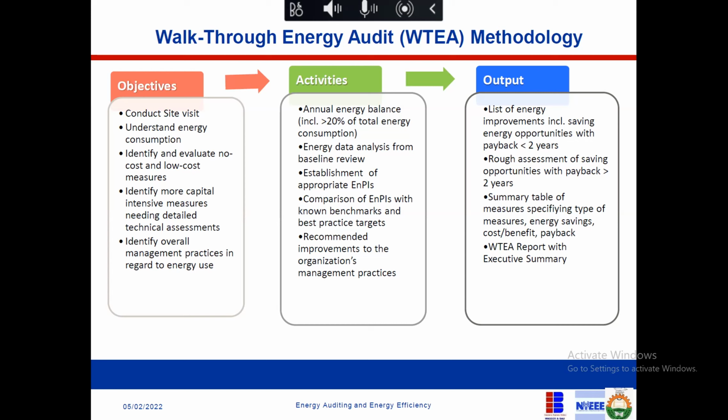You identify more capital measures needing detailed technical assessments. That's what I said. You identify them, right? Then you identify overall management practices in regard to energy. So this is what will be the objective of your report, right? You identify where to save energy, identify areas that need more technical input, and then the areas that also need management input.